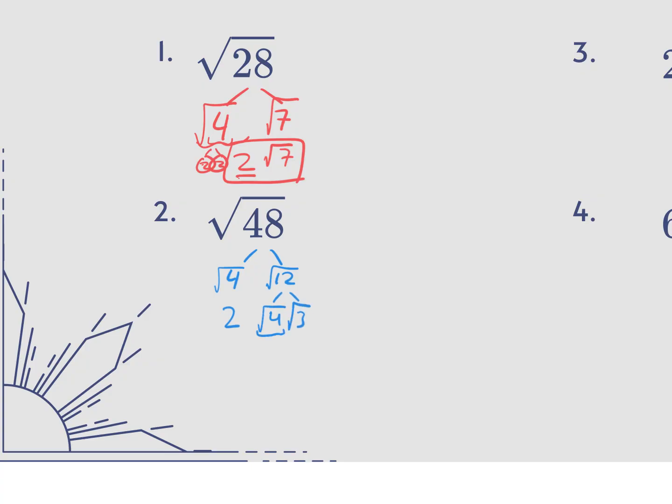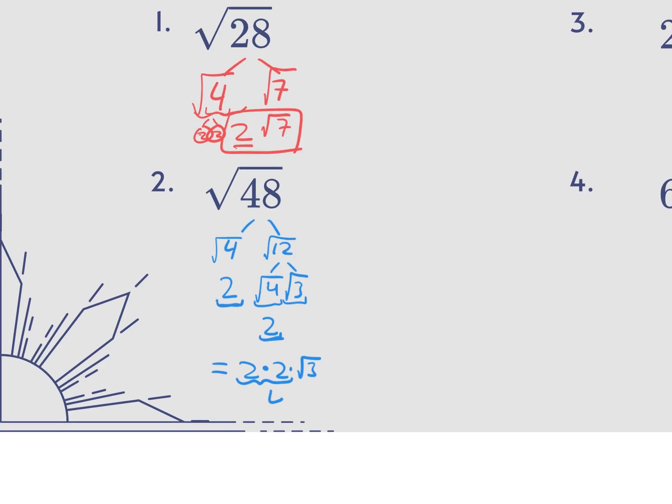But square root of 4, I also know that that's 2. So I have a 2, and a square root of 3. So it looks like I have 2 whole number factors that showed up outside of the radical. If that happens, right, this is the same as saying 2 times 2 times the square root of 3. And I would just do my whole number times my whole number, which is 2 times 2, which is 4. So I get 4 square root of 3 as my answer for this one, right?